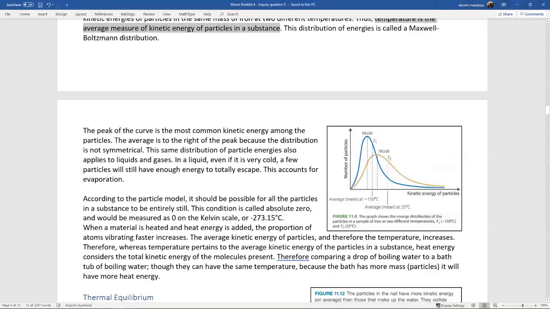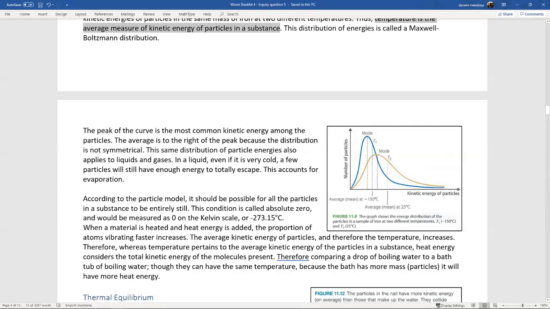On the x-axis, it's both kinetic energy and temperature. As you heat it up, those particles start shifting towards the right, because they're getting more kinetic energy. If you keep on heating, more of the curve gets pushed over to this side, and you get an increase of particles going this way.